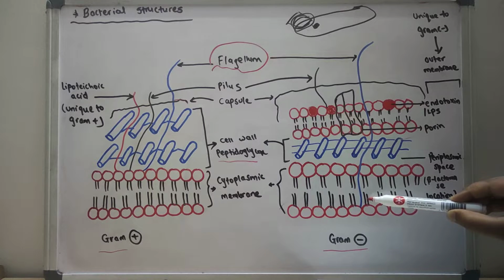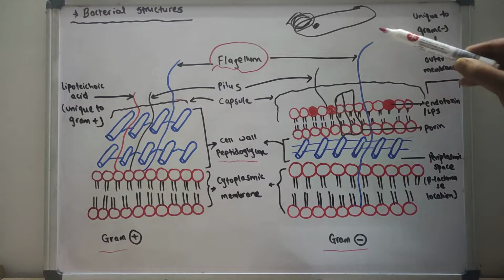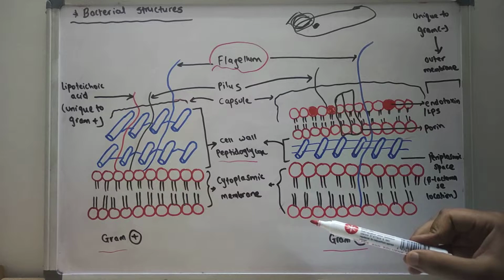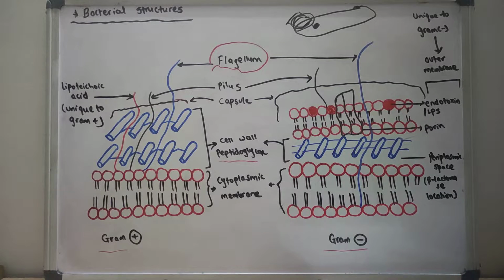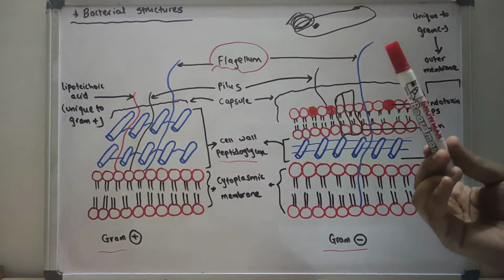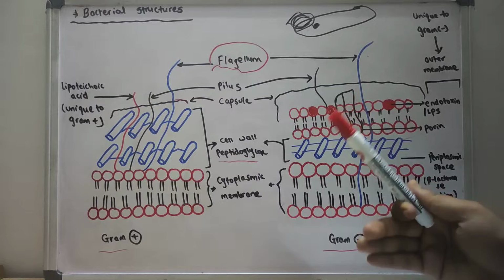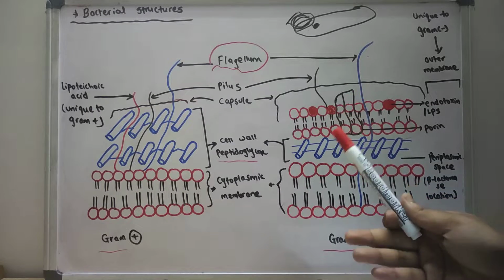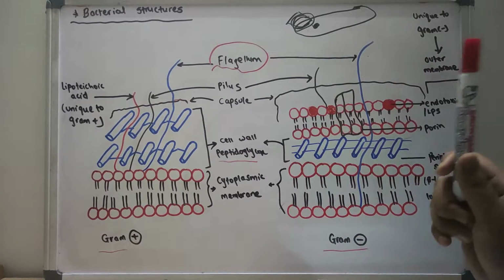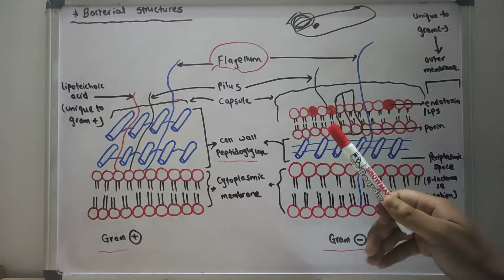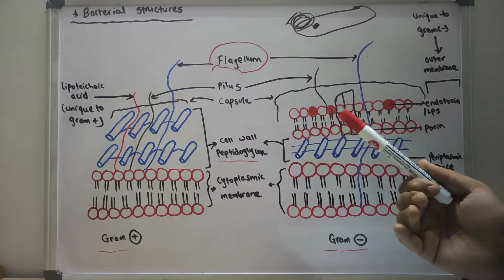This is the flagellum, present in both gram-positive and gram-negative bacteria. The chemical composition of the flagellum is protein, and the main function of the flagellum is the motility of the bacteria.